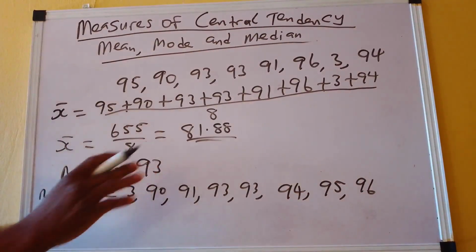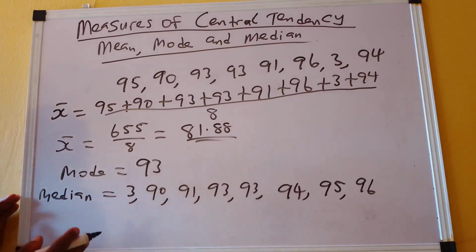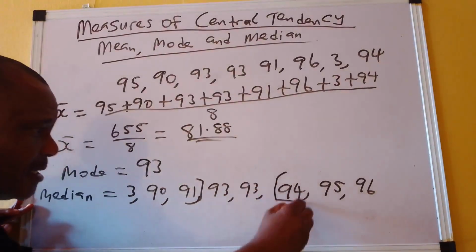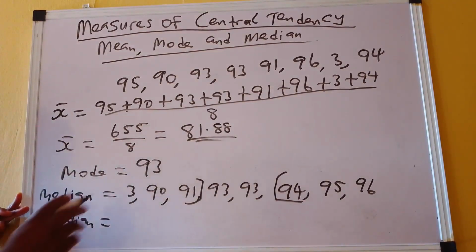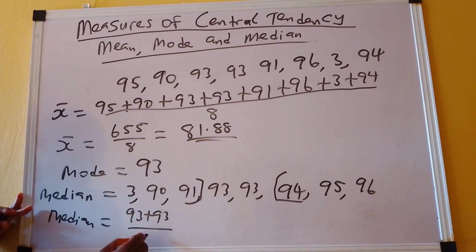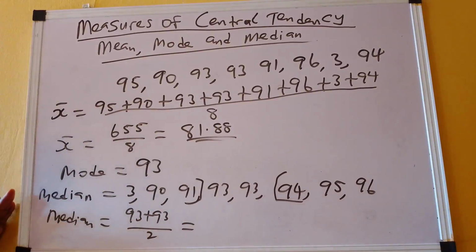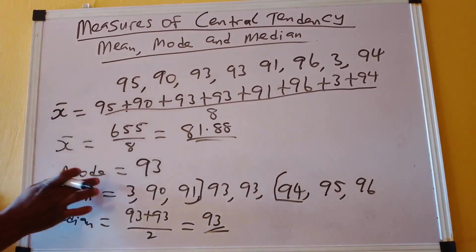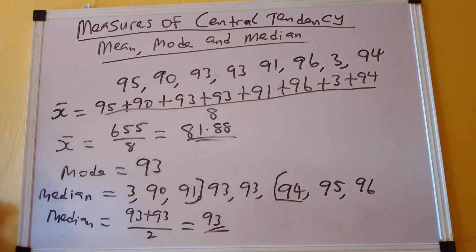Now the total number of observations here is 8. So we are going to have 2 numbers at the middle. So you count 3 this side and you count 3 this side. So our median is equal to 93 plus 93 all over 2, and that is equal to 93. You can see that our mode is 93, the median is 93, and the mean is 81.88.